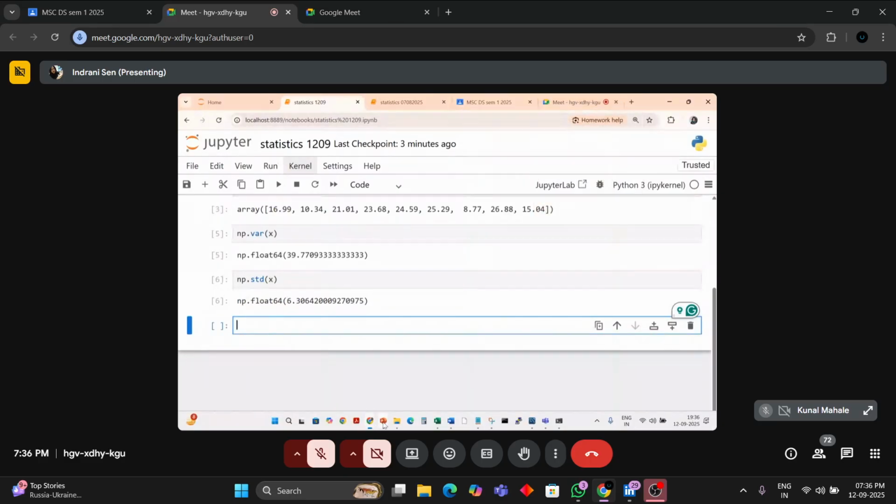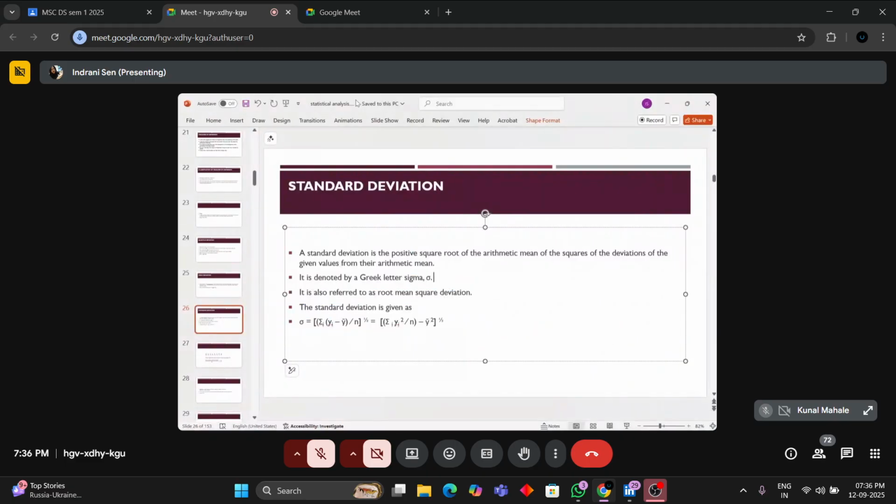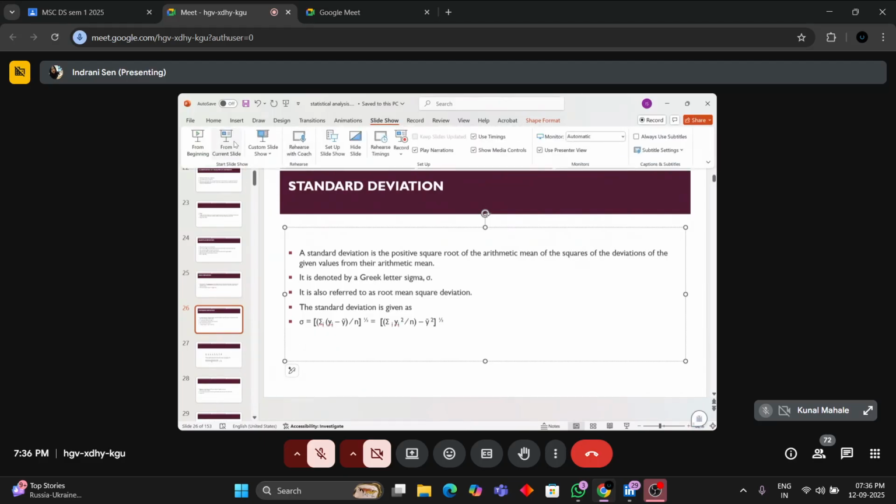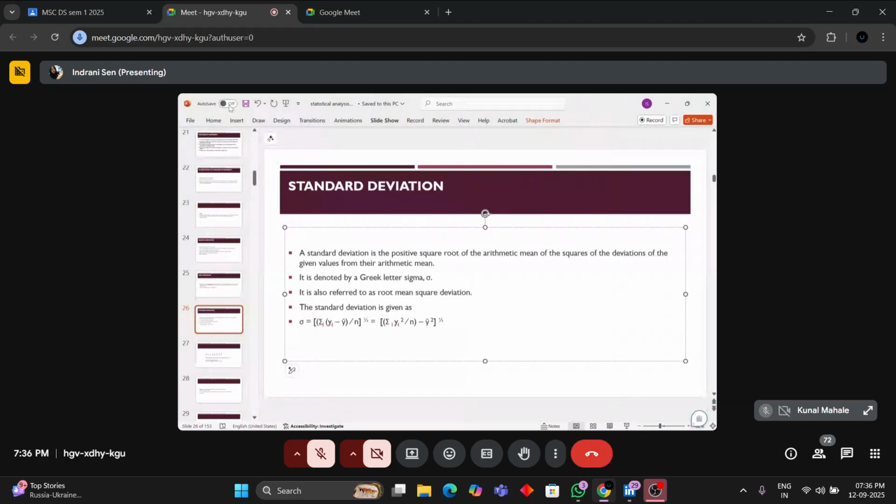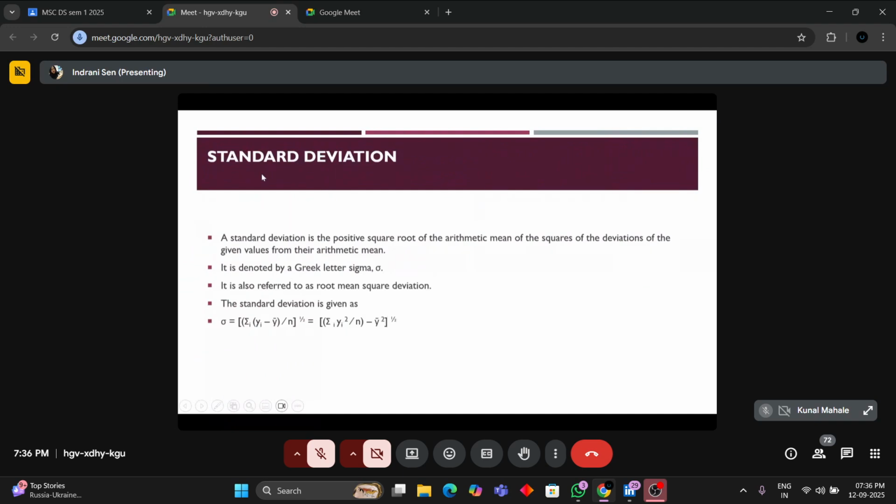Do you have any doubts? You can ask. Generally, you should focus on the standard deviation only. The other deviations like quartile deviation are not so popular metrics. Standard deviation is the very popular metric.